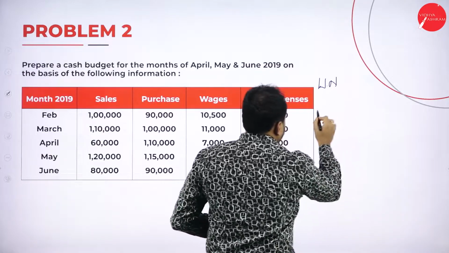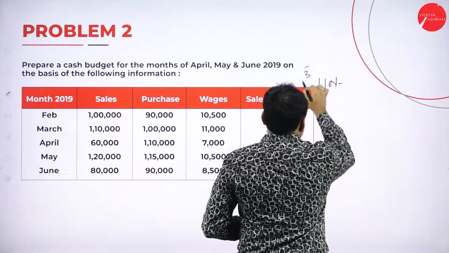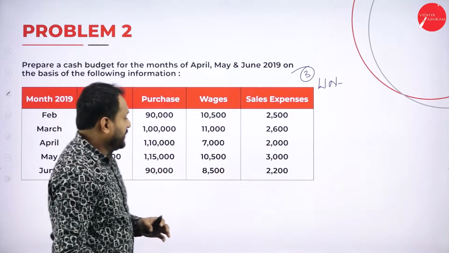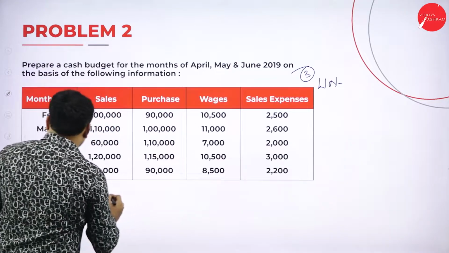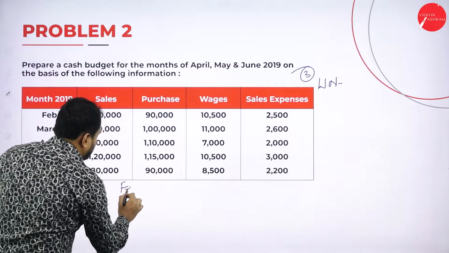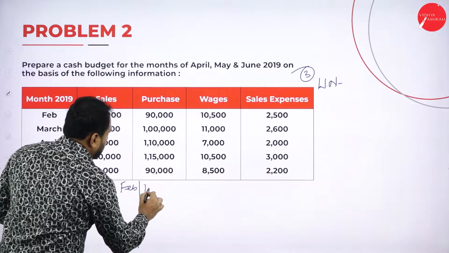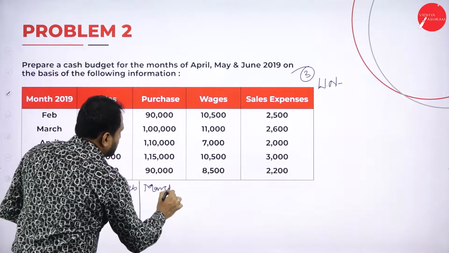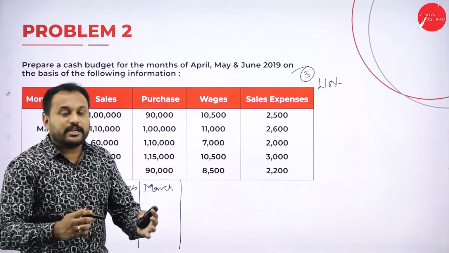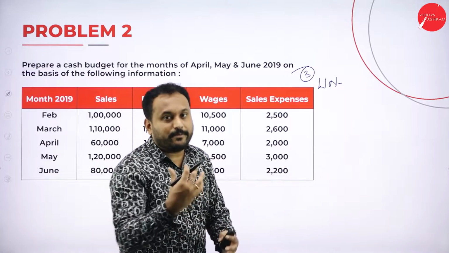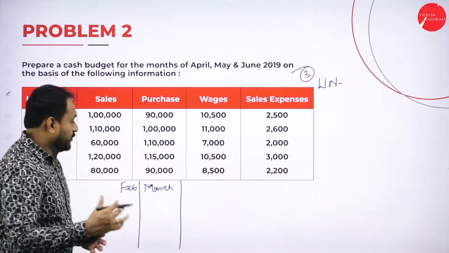Let's go with both. So we'll go for the working note here. Working note of wages, and this will be our third working note of wages. I'll show it here itself, students, for your betterment. Let's go with Feb we have, then March, April, May, and the last one is June. See, all the working notes carry 2 marks to 3 marks. Without a working note, they'll have a feeling that you would have copied from somewhere. That's why you need to go with working note.